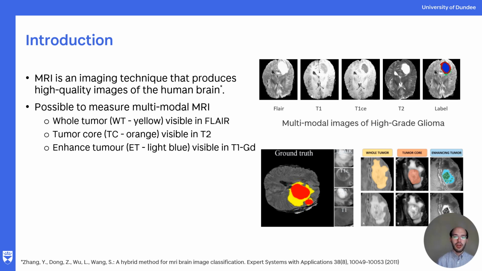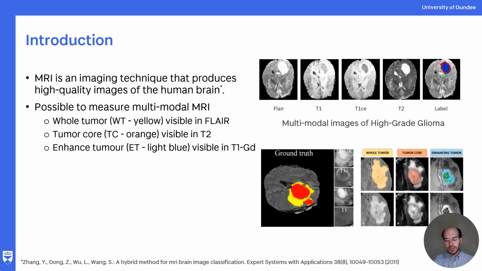For example, the FLAIR image can be used to identify clearly the boundary between the whole tumor and the healthy tissue, while the T2 modality can focus and highlight the edema area, so the tumor core, and then the T1 image can be used for analyzing the enhanced tumor.